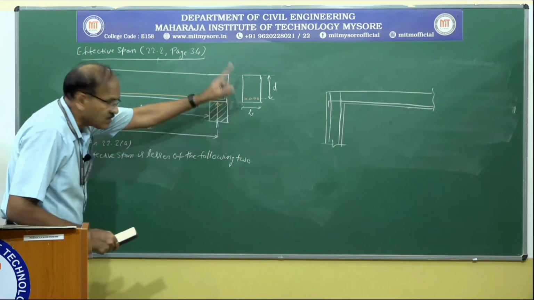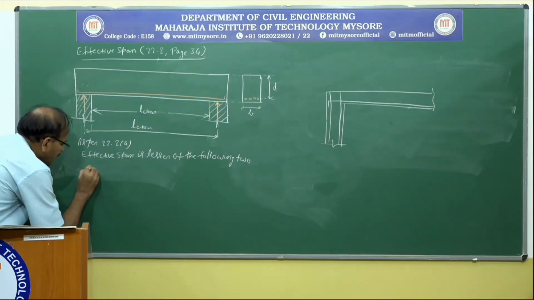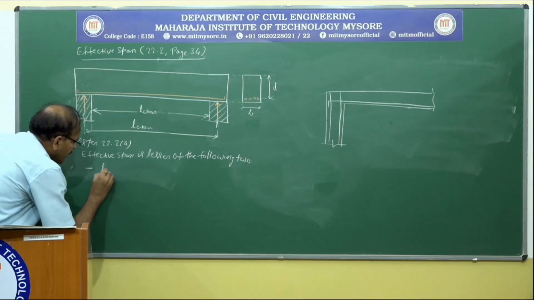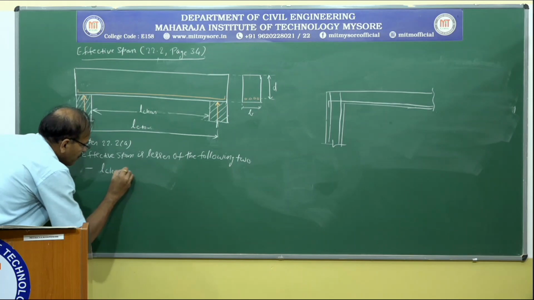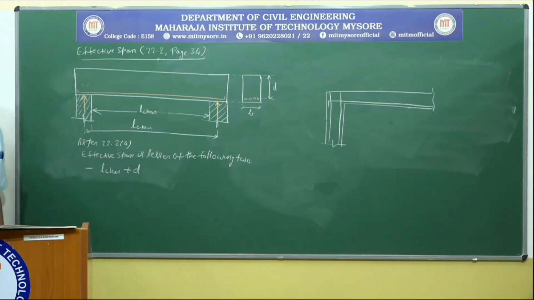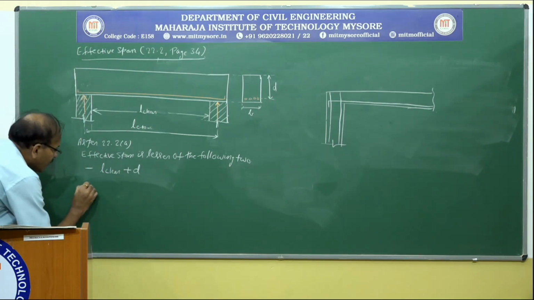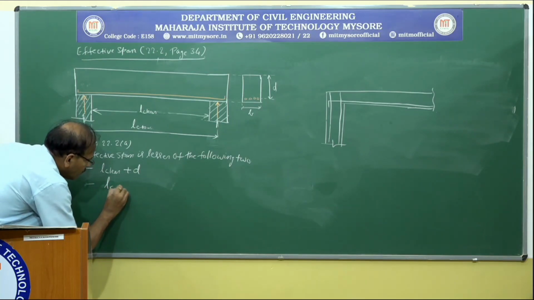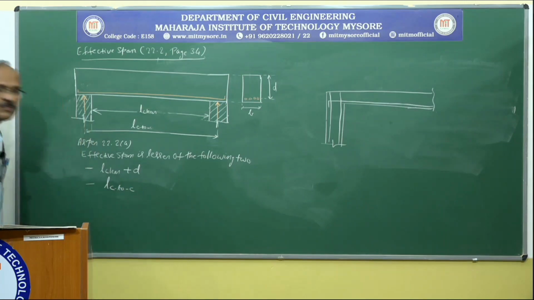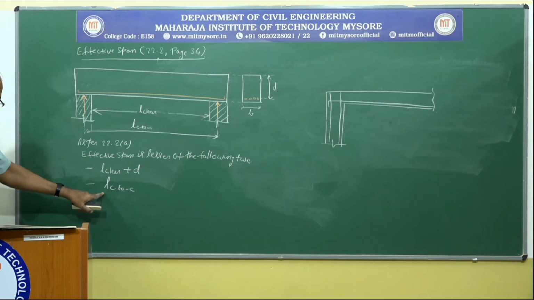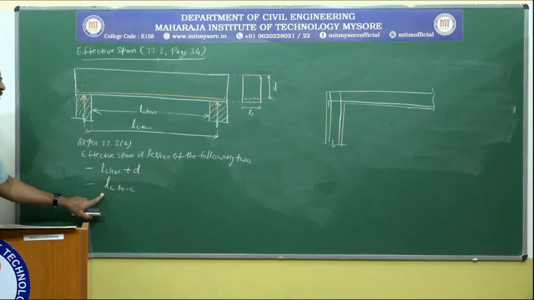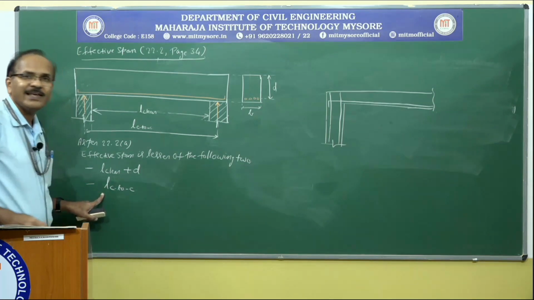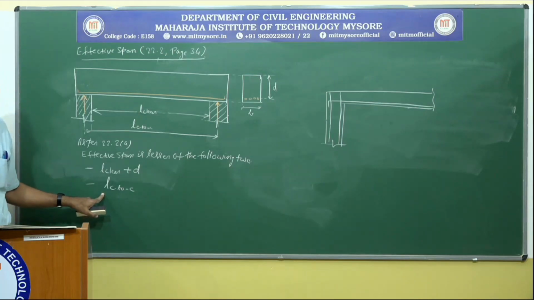Clear span plus an effective depth, that is L clear plus small d, and the next one is L, the center to center distance. The lesser of these two values is the effective span, LEF, that is small l suffix EF.